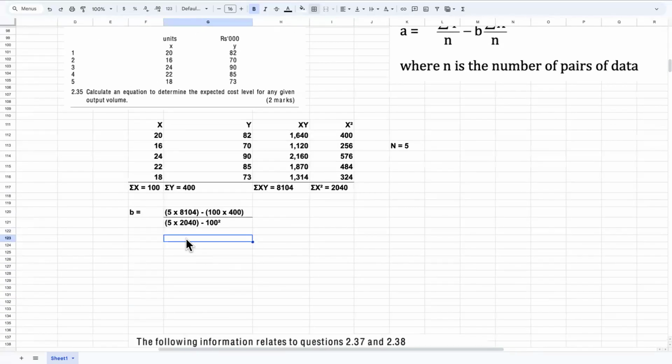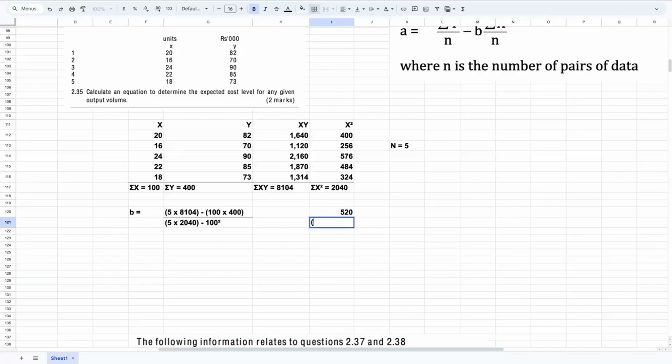So if you solve this formula, we can get the numbers, right? How can we solve the formula? First, we can solve the upper part. So 5 into 8104, take away 100 into 400, we can get the number 520, right?